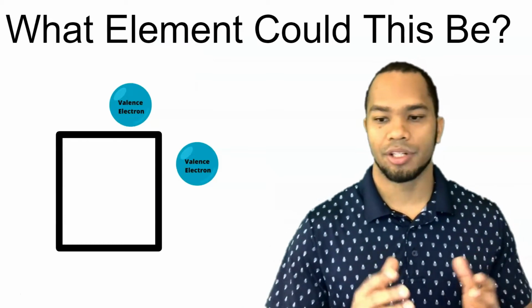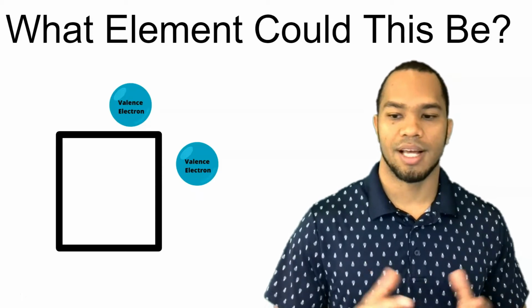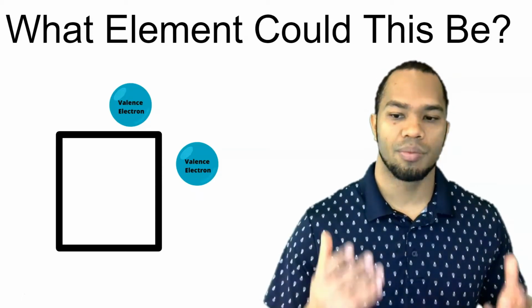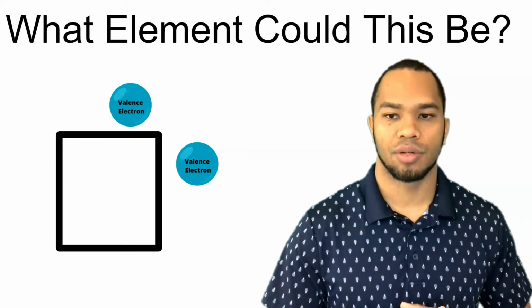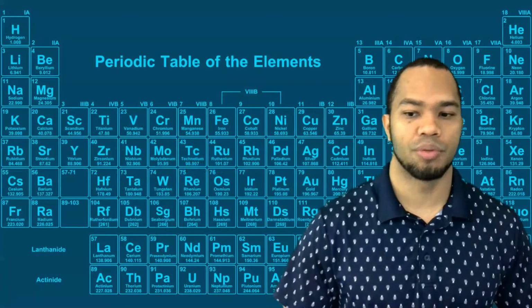So what element could this be? This element has 2 valence electrons. So think about what elements on the periodic table have 2 valence electrons. In order for us to do that, we need a copy of the periodic table.